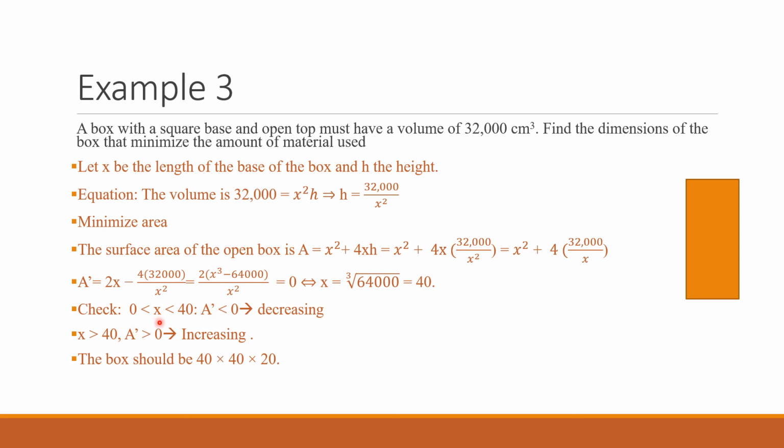You're going to substitute in the A dash equation, which is this one, and you will find that it will give you a positive value. So it's increasing. Any decreasing then increasing function, just draw it. It is decreasing then increasing, so you're going to have a local minimum. So the dimensions are 40 by 40, because it's a square base, by 20.